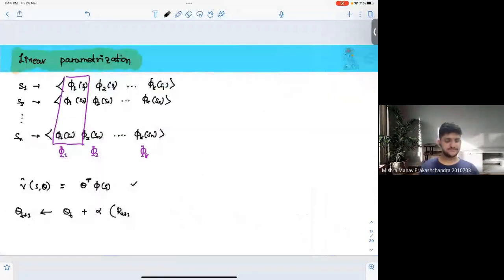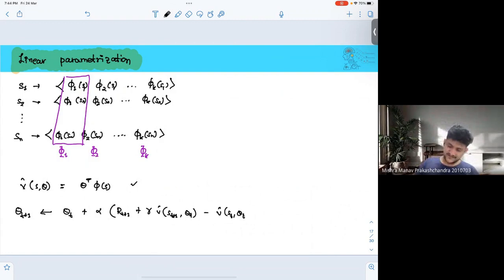So it's r t plus 1 plus gamma v hat st plus 1 theta t minus v hat st theta t, the whole multiplied with phi of s, right? Because I am also taking the derivative of v pi of s, which I'll get as phi of s. This is just the chain rule update.